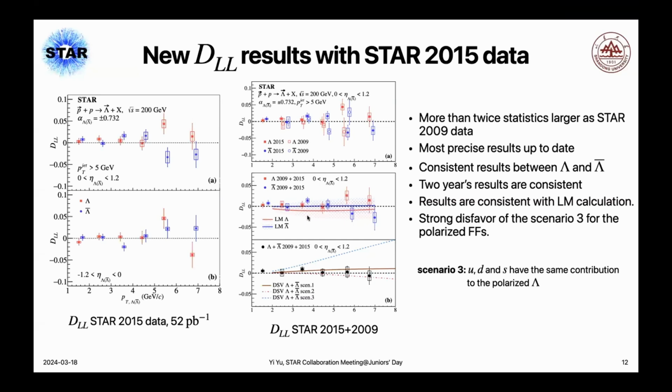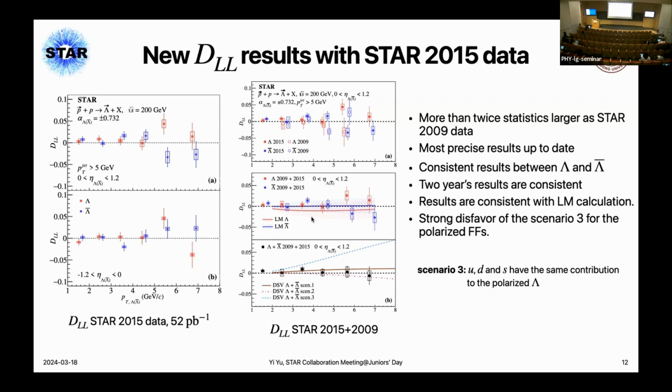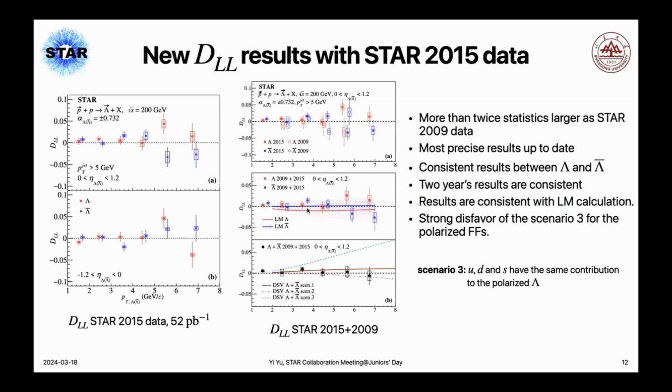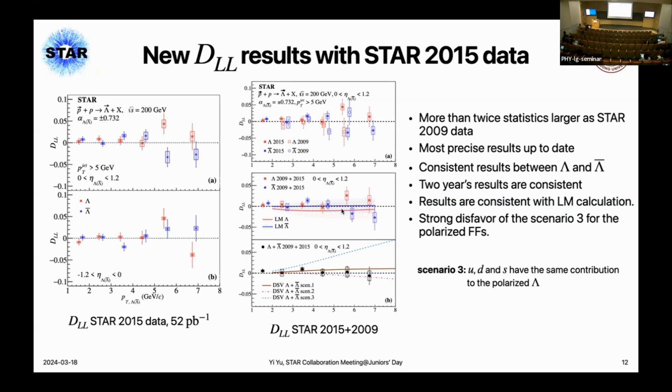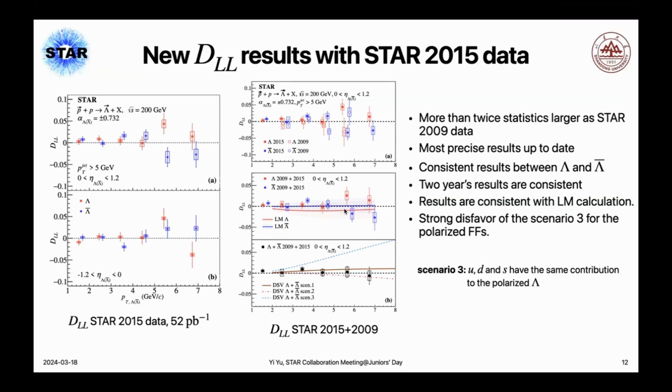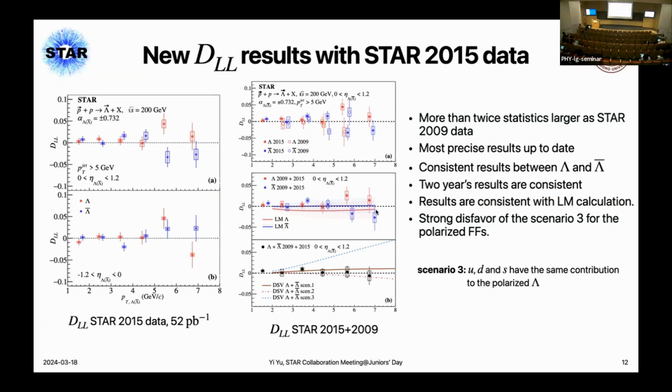In the upper part of the bottom panel, we combined the results from the 2 years and compared them with the model predictions, and we can also see that they are consistent with each other.